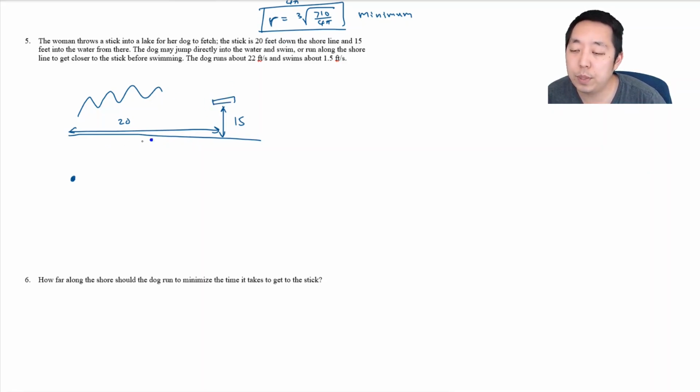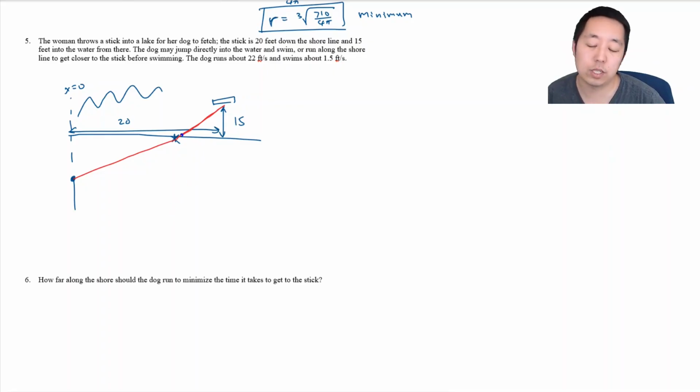Now I'm going to say this is x equals 0. And I'm going to say x is some point here that the dog is going to run to and hit the water, and then it's going to swim from here to get to this point.